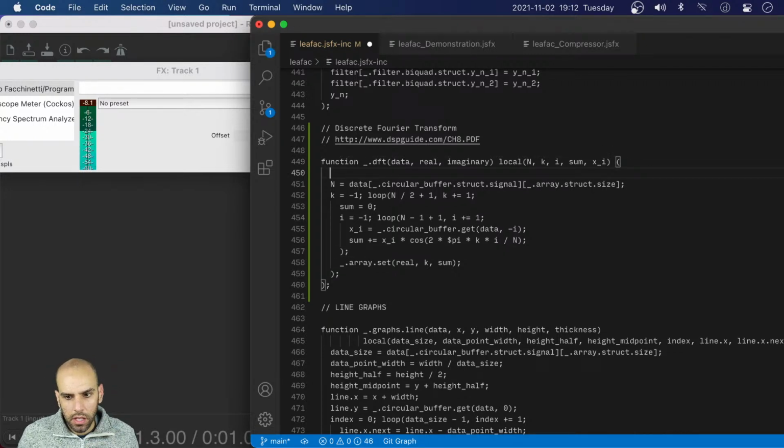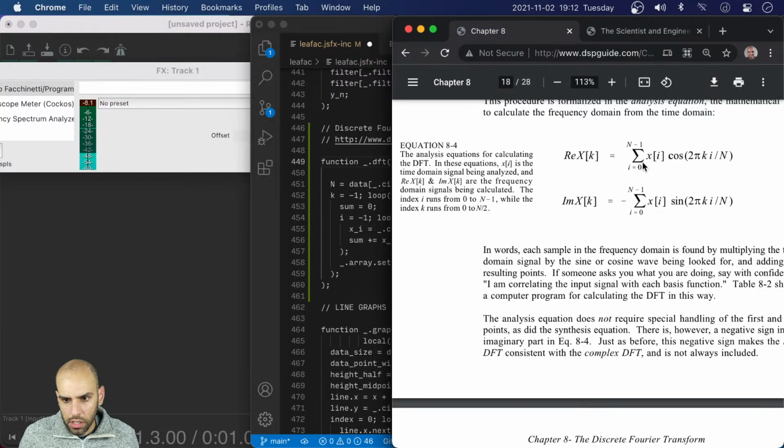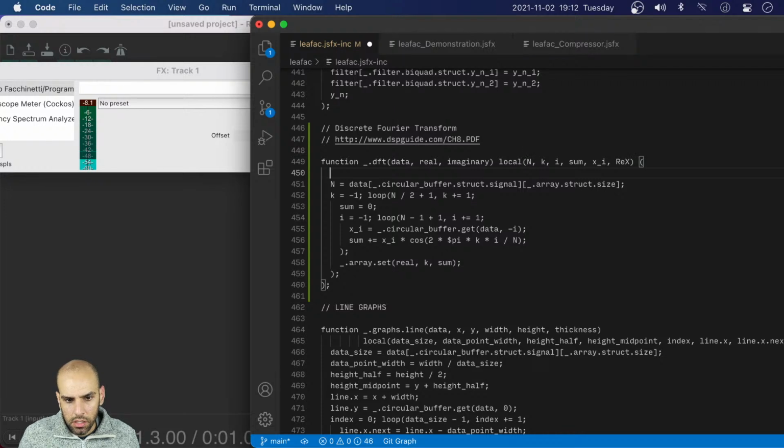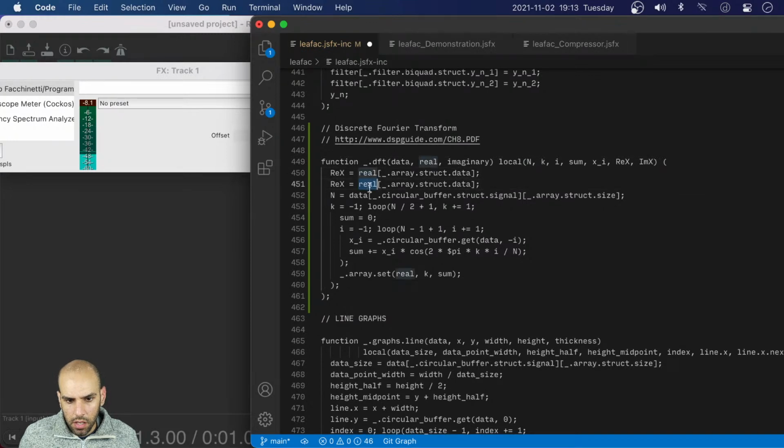Yeah, I think I will have a variable called rex. Rex is equal to the real part, just the data part of the real part. Similarly for the imaginary x. Just like that. And then I set it like this.